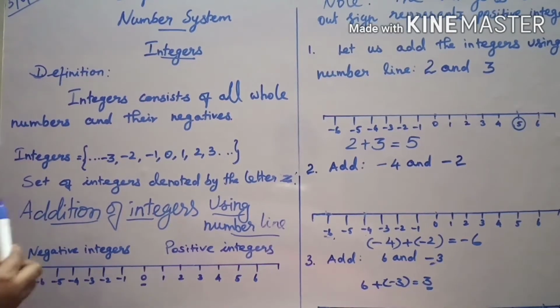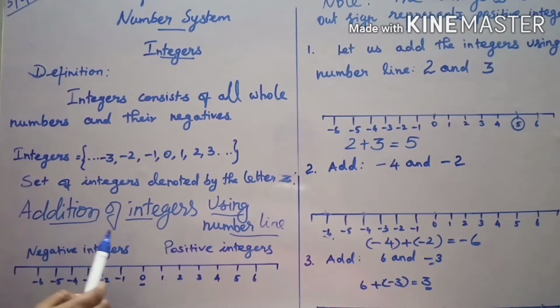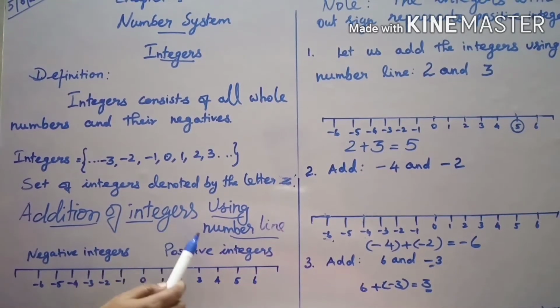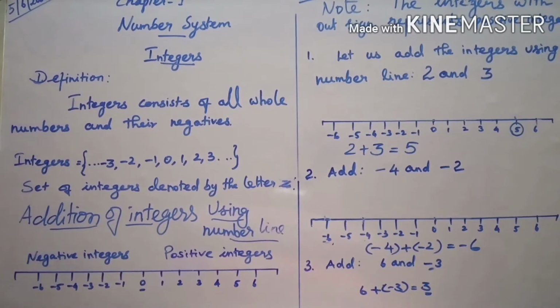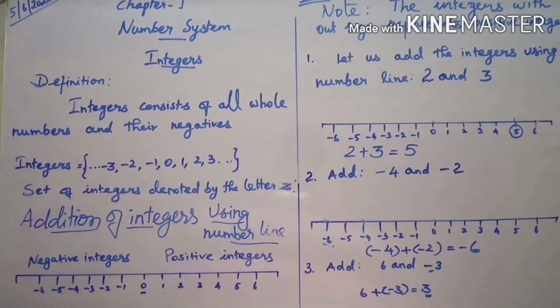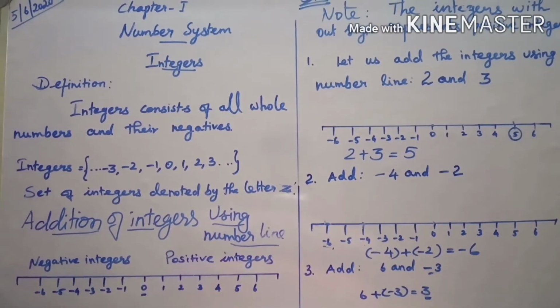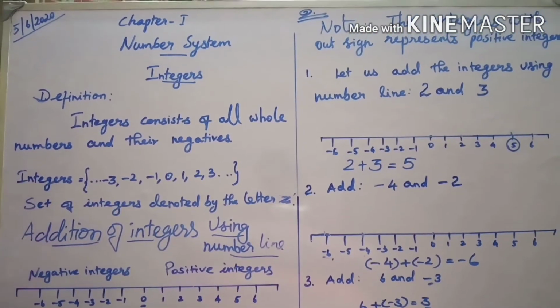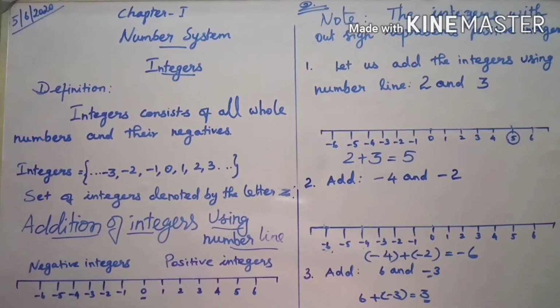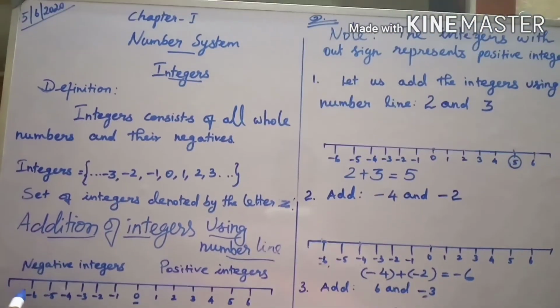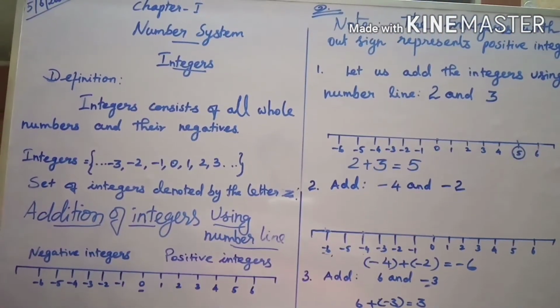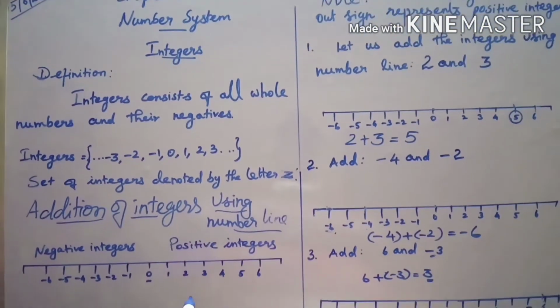Now I will go with addition. Addition of integers. Here I am going to do that addition with number line. Right? Before that I will explain that number line. Listen to me. The number line is a simple tool to visualize addition of integers. Okay, imagine that the number line is a road with markers on it.